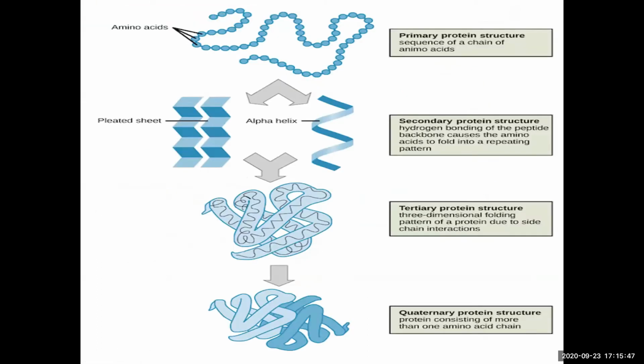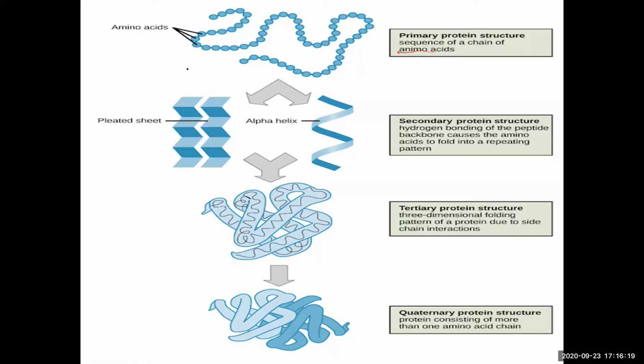So, yan, another structural differences of the four protein structures. Again, primary protein structure is a sequence of a chain of amino acids. So, ito yung primary structure. Each of these circles represents an amino acid. Okay? And of course, they are bonded by peptide bonds.